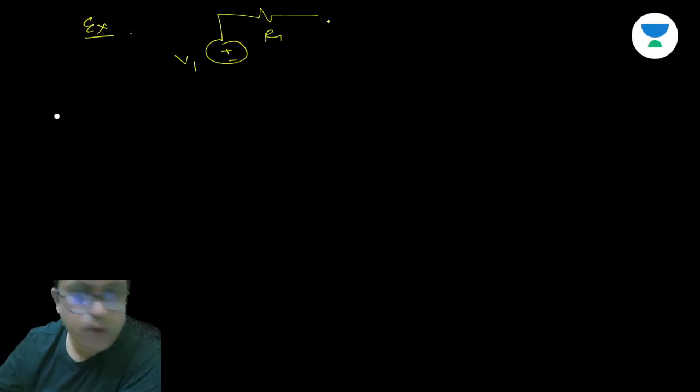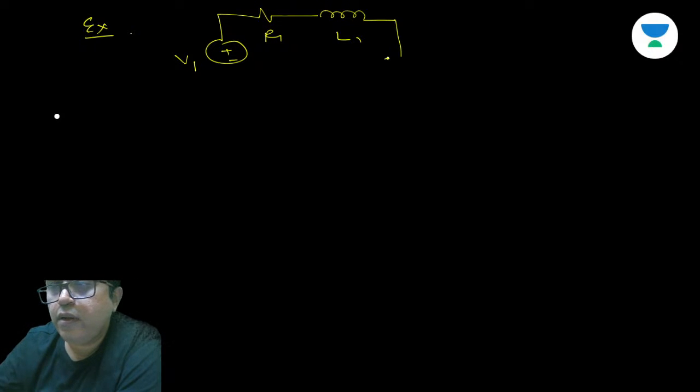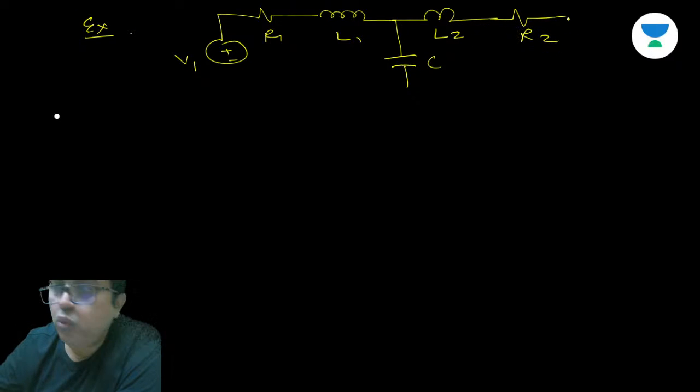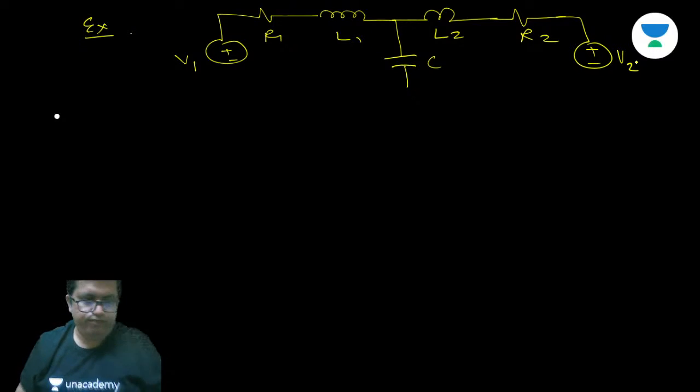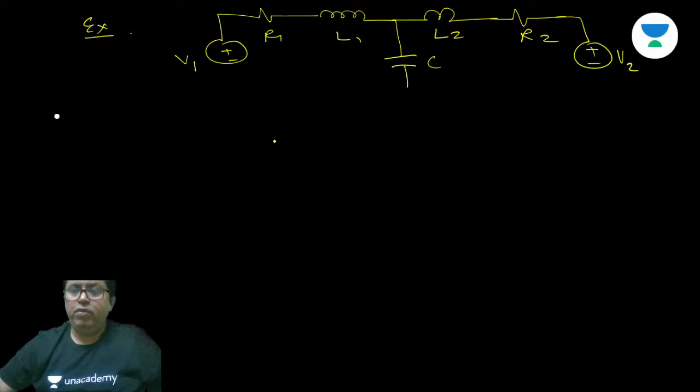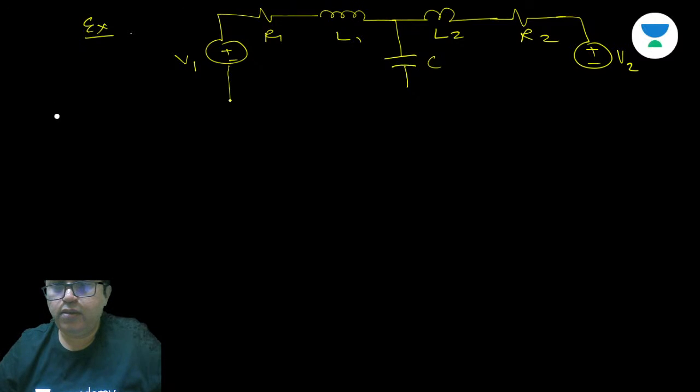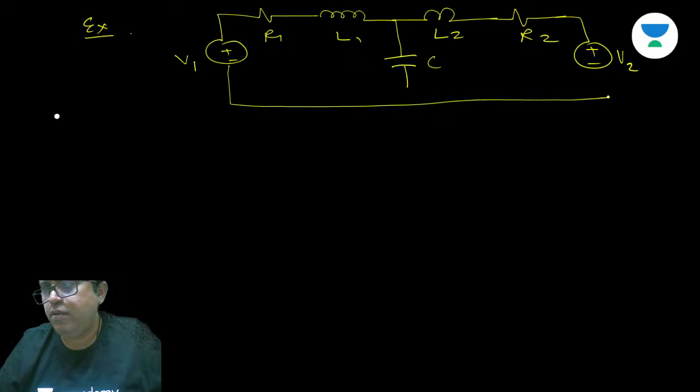This is R1, L1, C, L2, R2, plus minus V2.